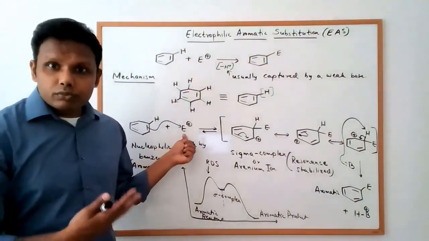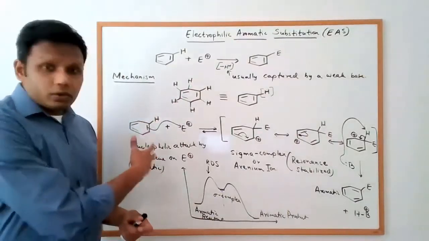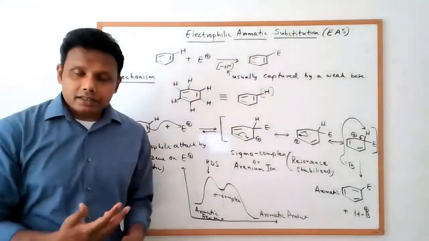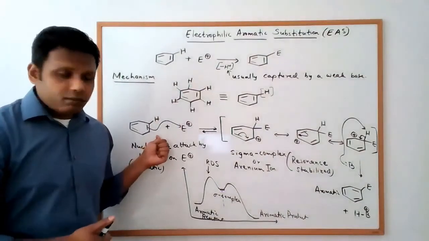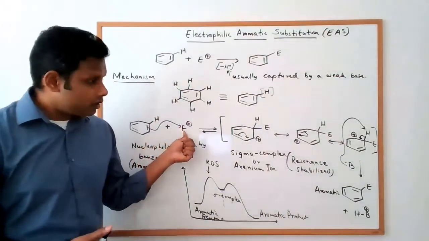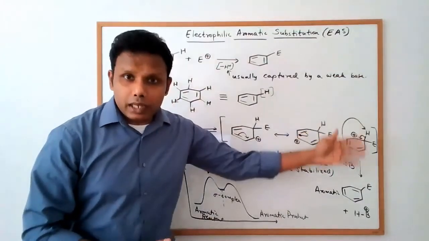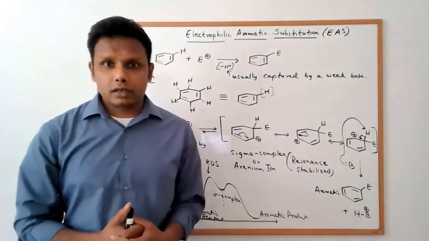The only difference would be the electrophile and the aromatic compound that we use in the reaction. But the sequence of events is going to be identical. There would be an initial attack by the aromatic compound on the electrophile to give you a sigma complex, and then in some sense, a collapse of the sigma complex to give you back the aromatic product.